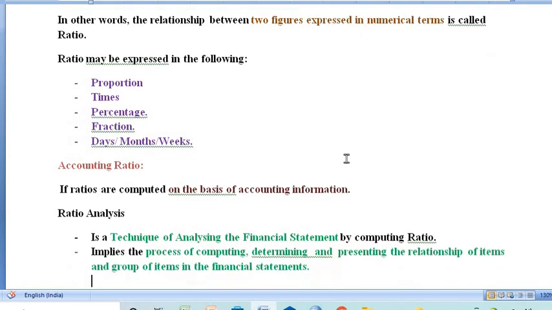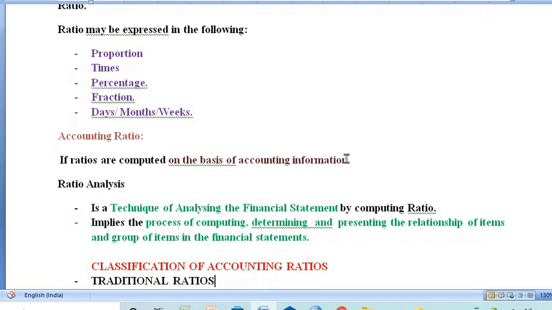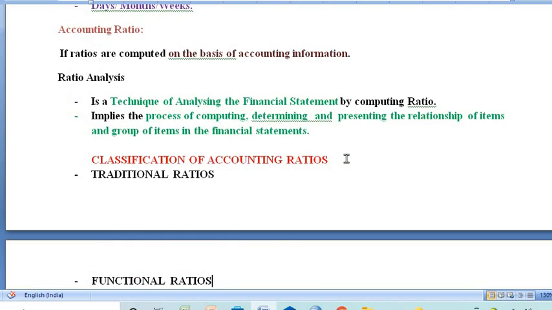Next we are going to discuss what the term ratio analysis means. Ratio analysis refers to a technique or tool for analyzing the financial statement by using a tool that is nothing but ratio. We have various tools to analyze our financial statement, and one of the tools is ratio analysis.